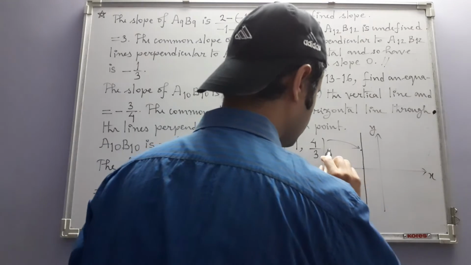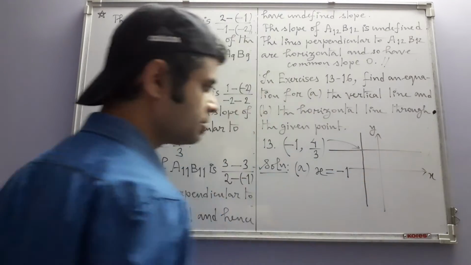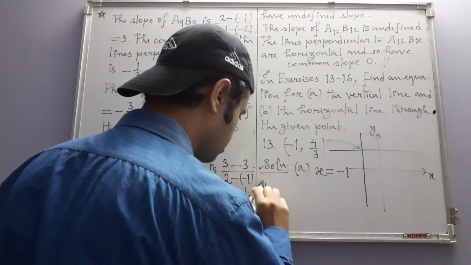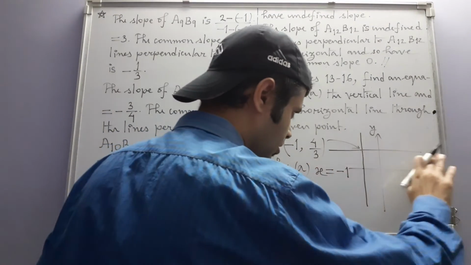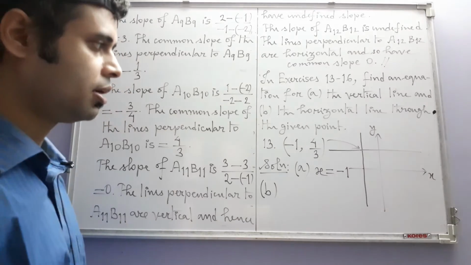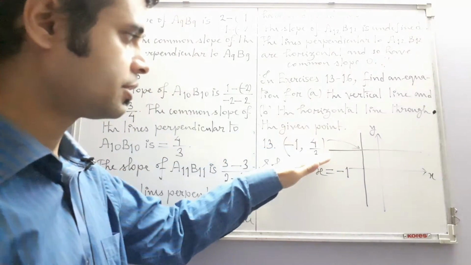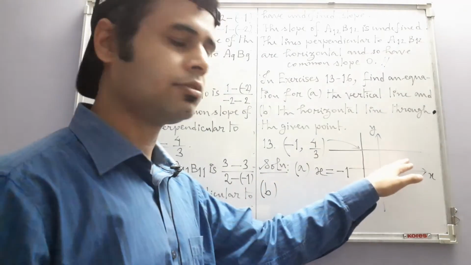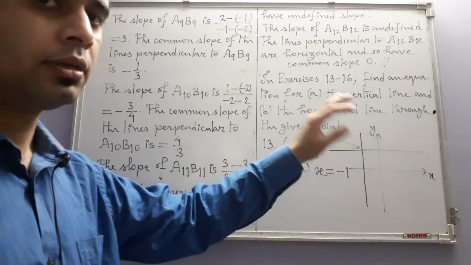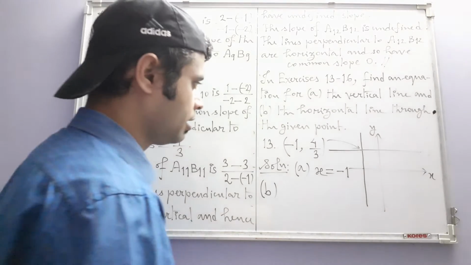And the horizontal line passing through this point is this. Just like this, on this line all the points will have their y coordinates equal to 4 by 3. X coordinate changes, and depending on the value of x coordinate, the point will lie at specific places on the line.